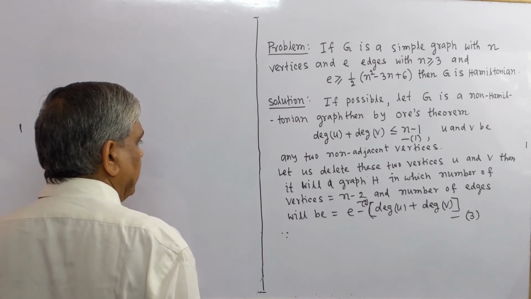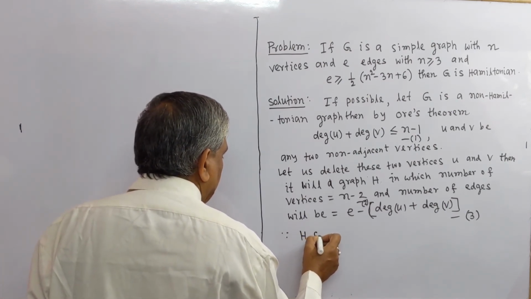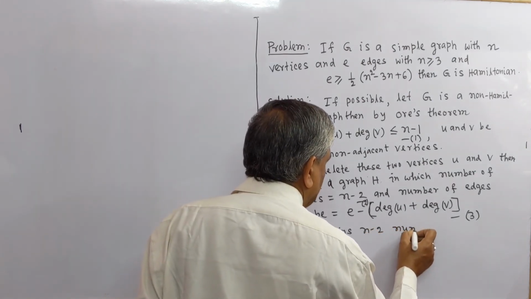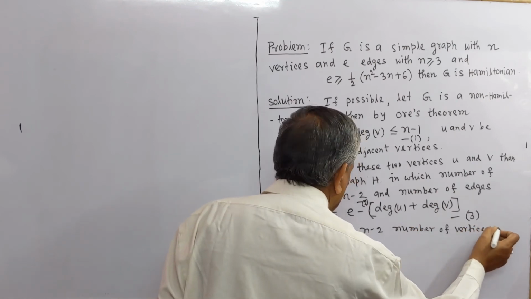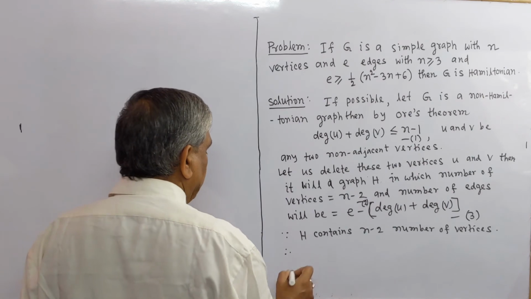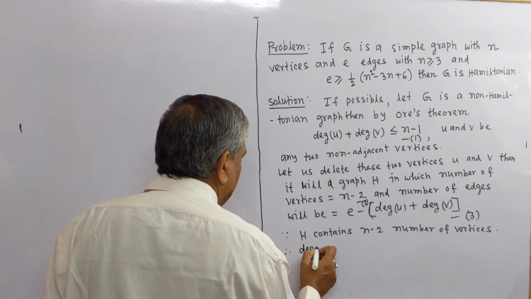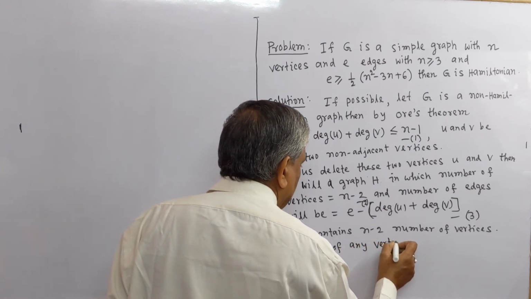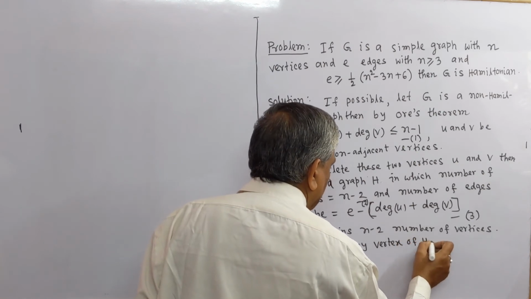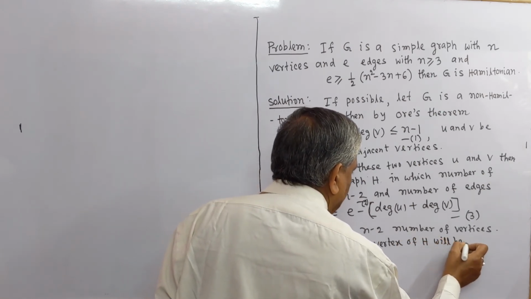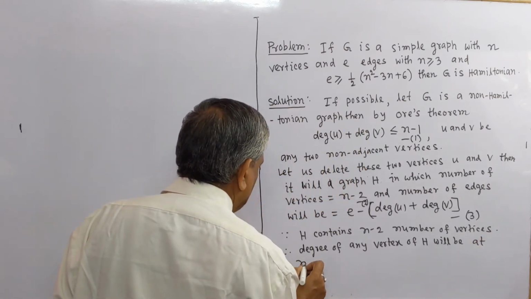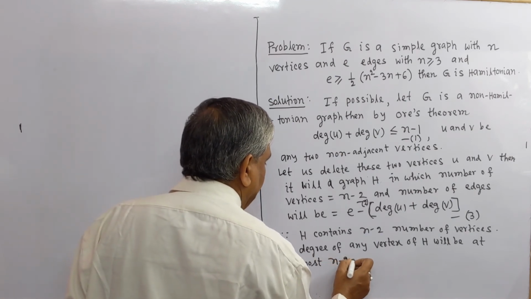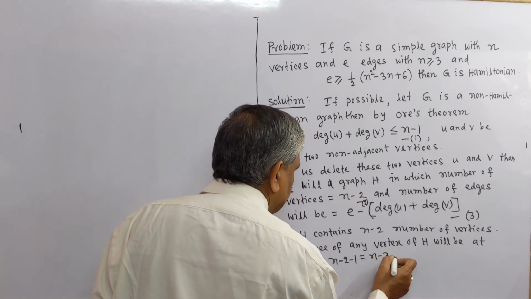Since H contains n minus 2 vertices, therefore degree of any vertex of H will be at most n minus 2 minus 1, equal to n minus 3.